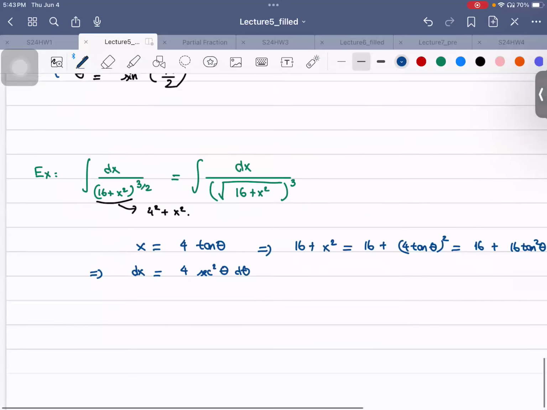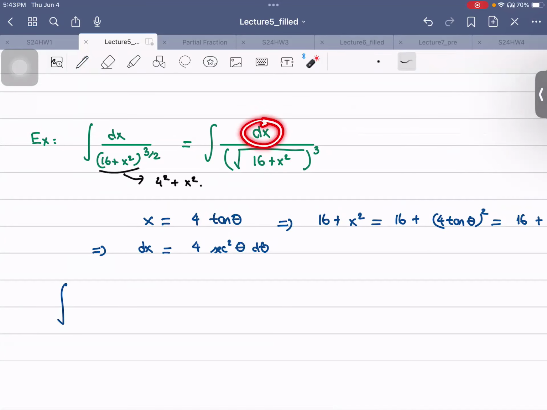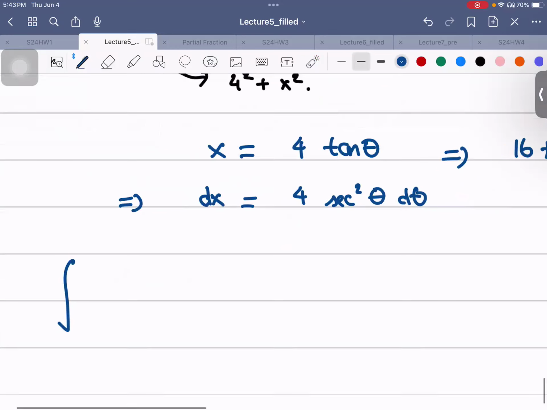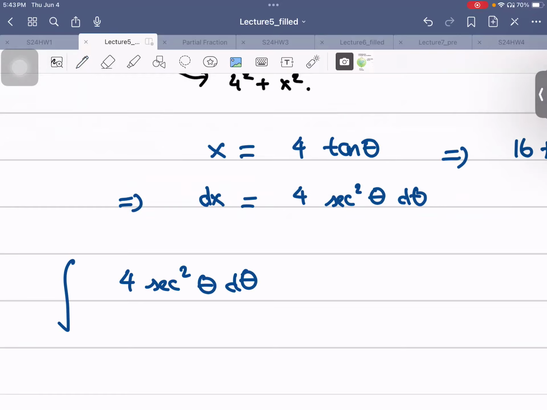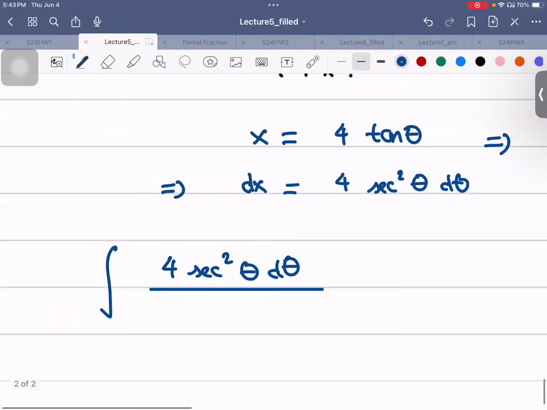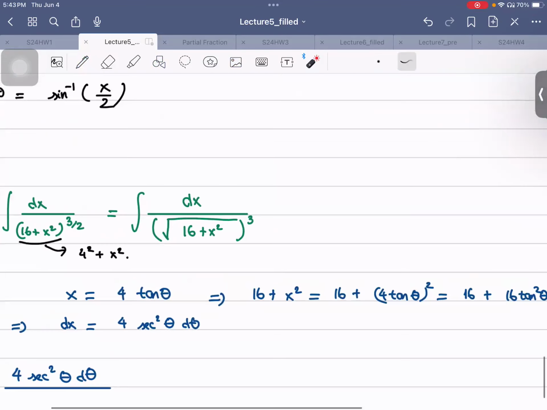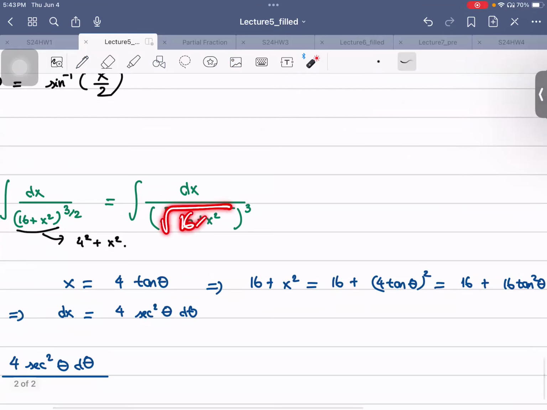Now we can rewrite what we have. dx is 4 secant squared theta d theta, so we have 4 secant squared of theta d theta divided by the square root of 16 plus x squared to the power of 3.